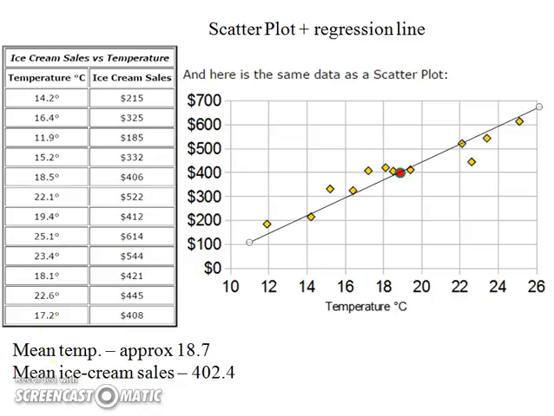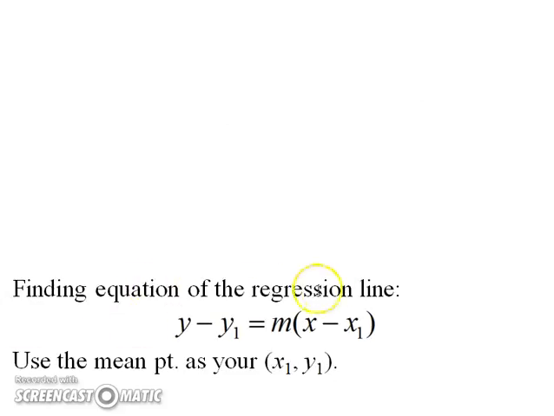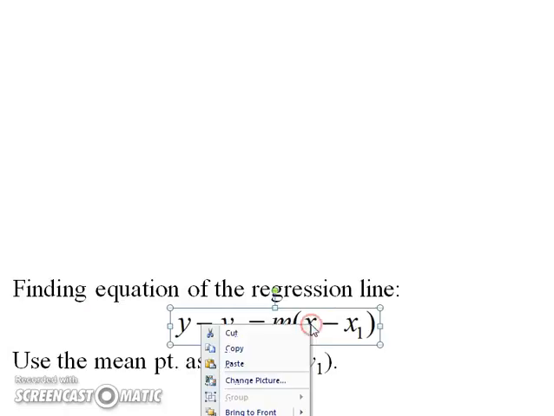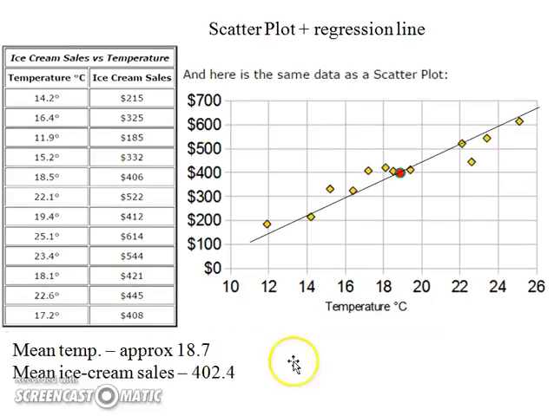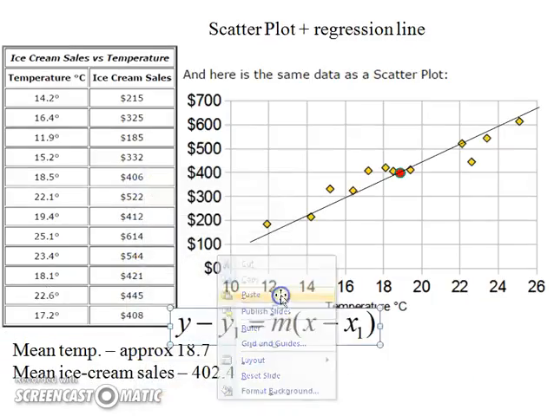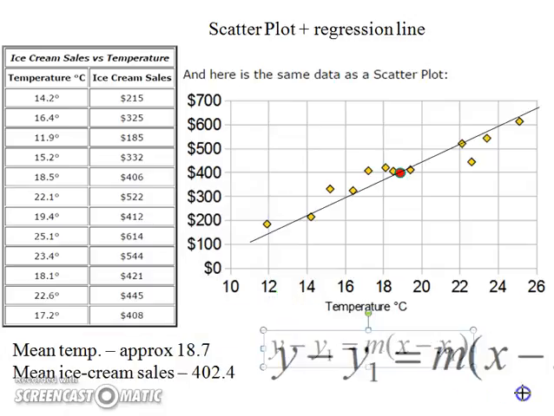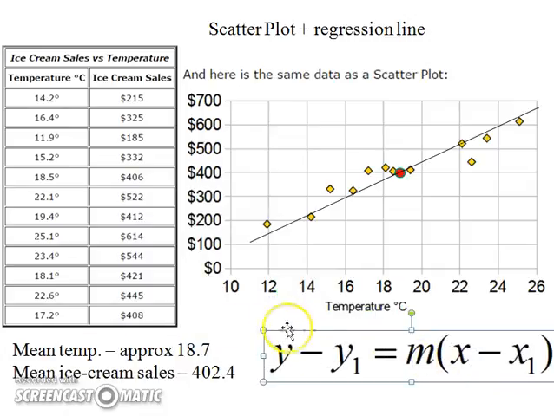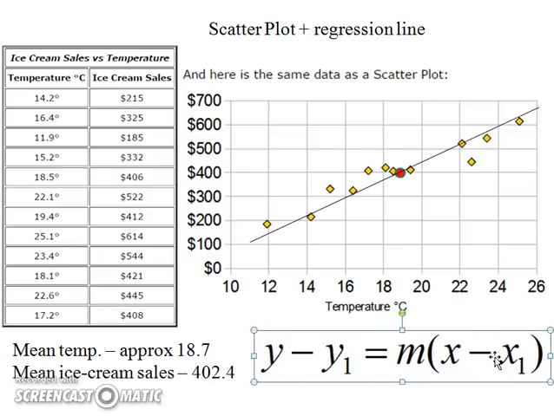From now on, we can calculate the equation of the line of regression. This is the formula that's going to help us a lot. If you need help with this, please let me know. This is simply the point slope form, my equation in point slope form, which we should be able to carry out.